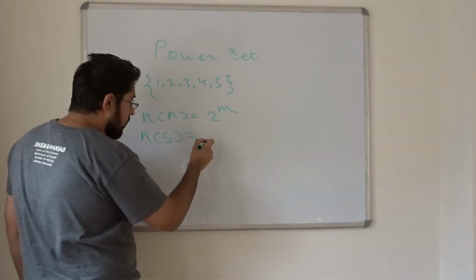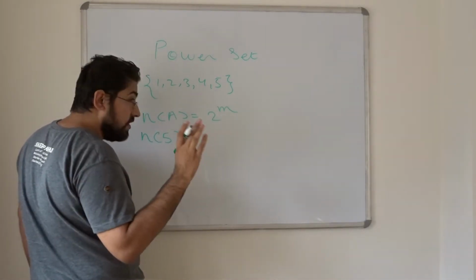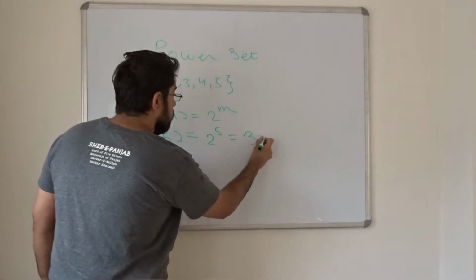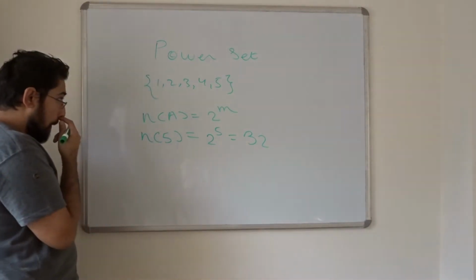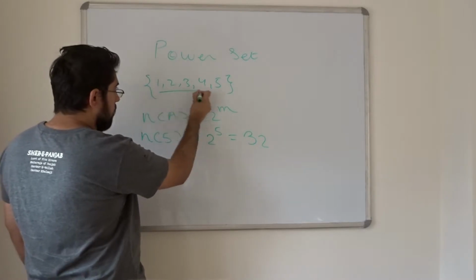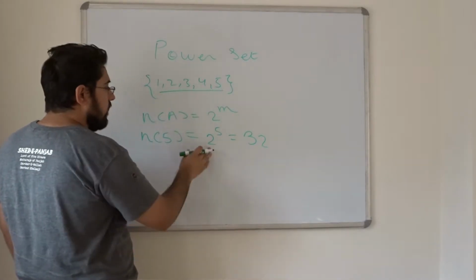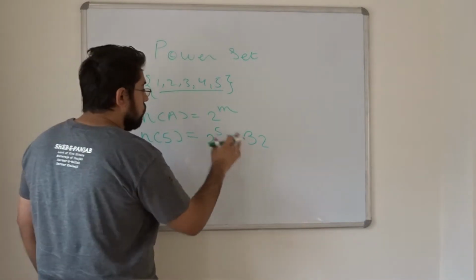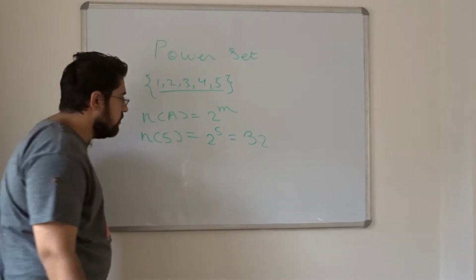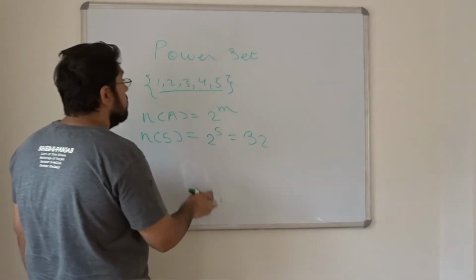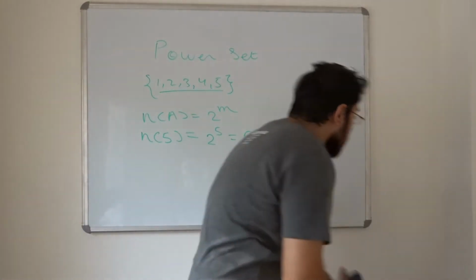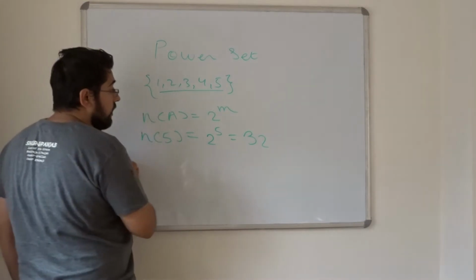Sorry, it's going to have 32 subsets, guys. 32, my apologies. You know, because 2 to the power n, where n is the total number of elements you have, so that is why it's going to be 2 to the power 5. So 2 to the power 5 is 32. We all know this is how many subsets this will have. 1, 2, 3, 4, 5. Now, I was explaining it to you the other way.